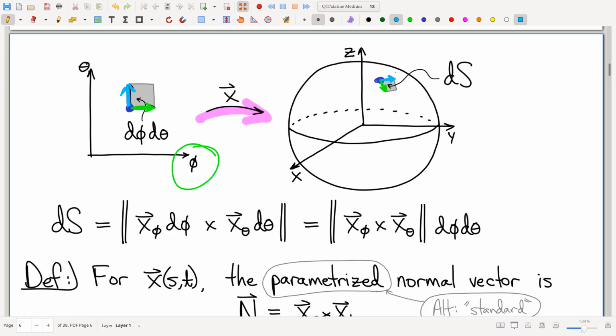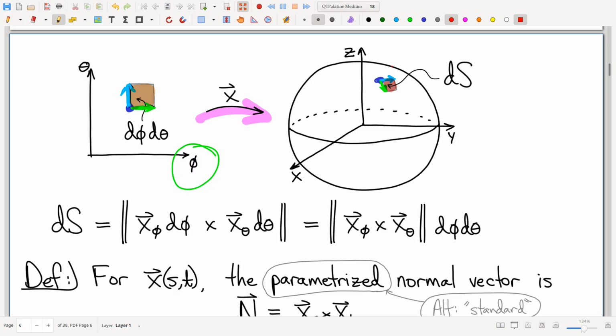And then likewise, I hope this is believable, if you have a little piece of area in the parameter space, you can talk about the resulting, oh gosh, I have to choose a color. Is red too close? Let's see if red looks okay. I think that'll be all right. There's a resulting little piece of area on the surface.